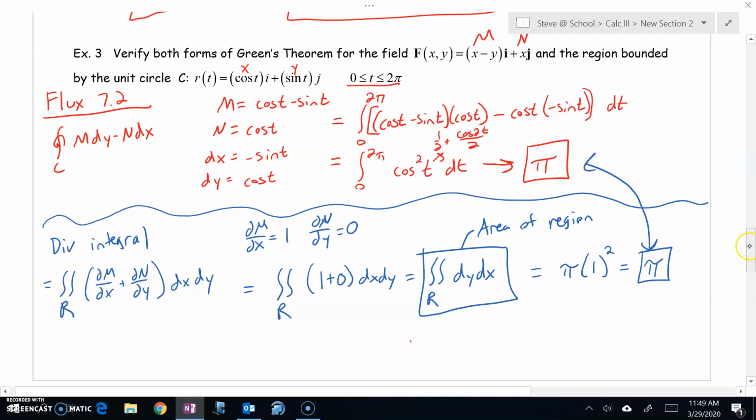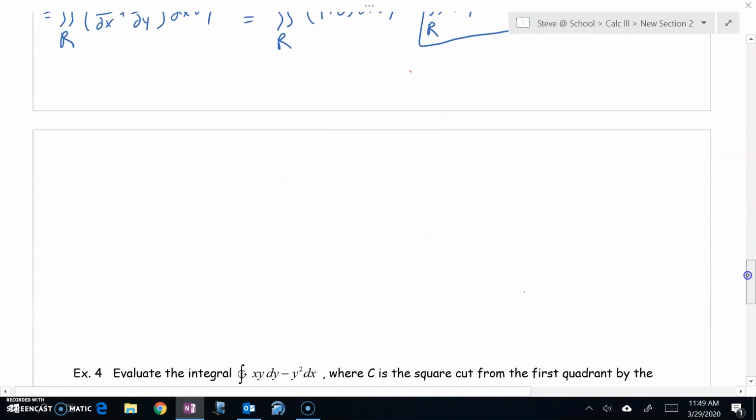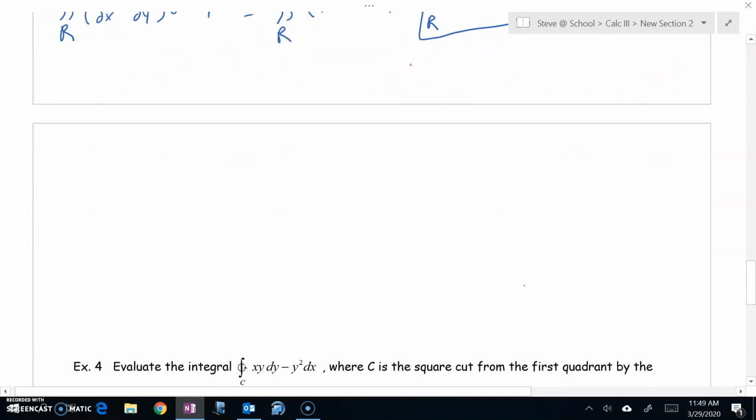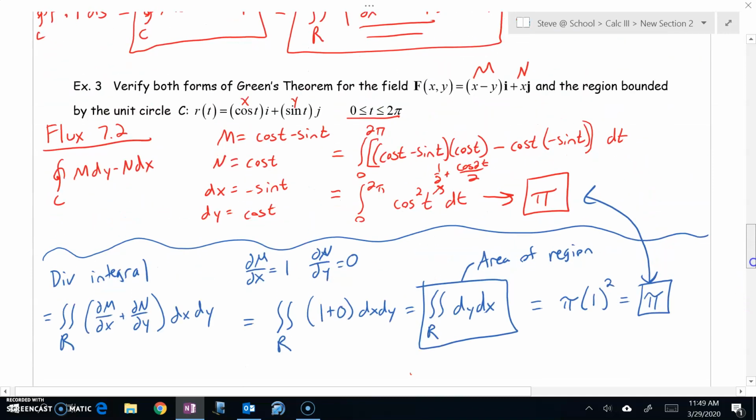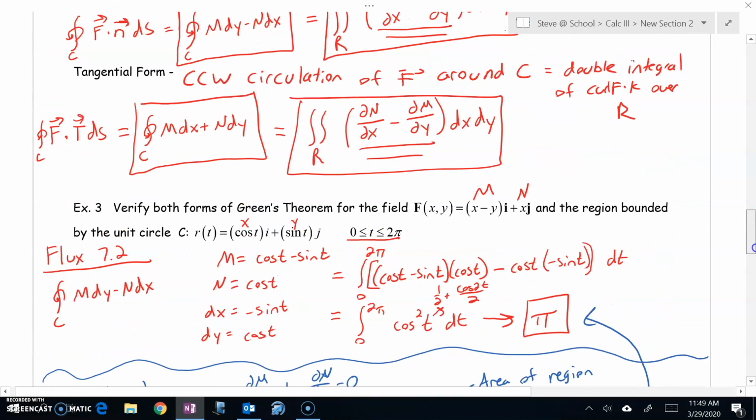So what I want you guys to do for your assignment, and I'm going to post this, is the same thing. You can do it on this note sheet, or you can do it on a piece of paper. I want you to do exactly what we did, but with circulation.